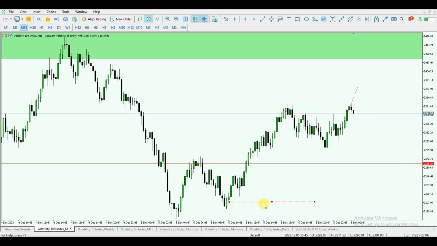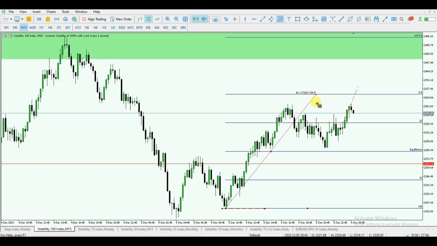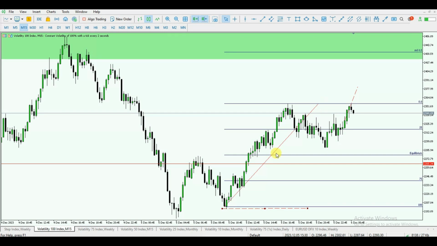But if it doesn't break this high where we have got into, should price reverse, price should reverse and not take down this low. Price can't come back and take down this low. So this is a major swing from this to this. Whichever level price reverses, we are looking at 50% of that, which is the equilibrium level.